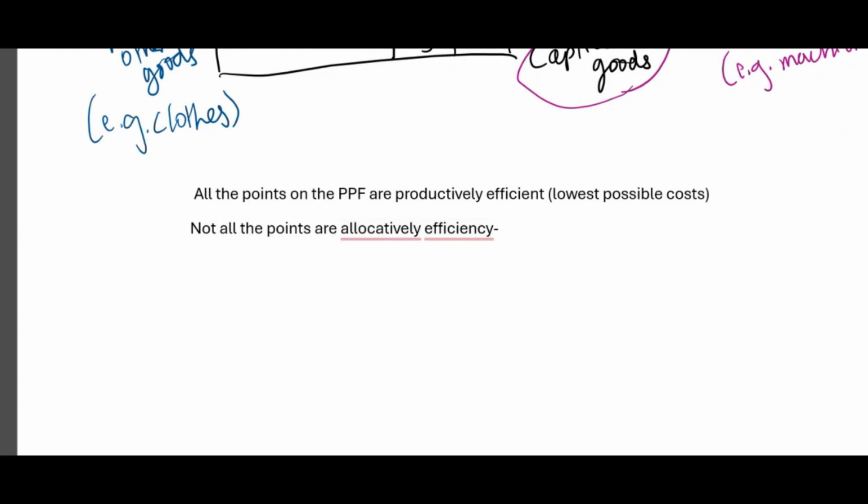It's okay. Basically, if things aren't allocated efficiently, then there might be more of something and less of something else. So that kind of makes sense. Also, allocative efficiency can be used interchangeably with Pareto efficiency. So this is a word you have to be familiar with as well, Pareto efficiency.